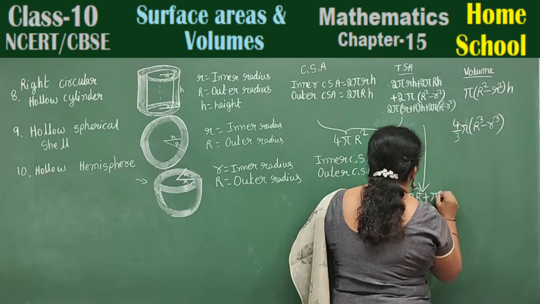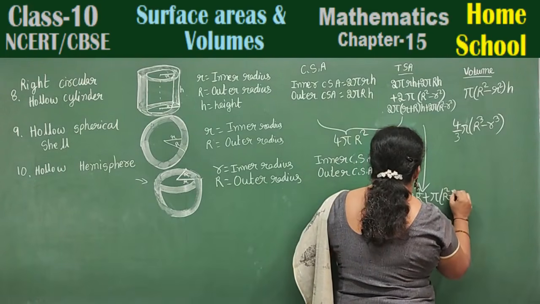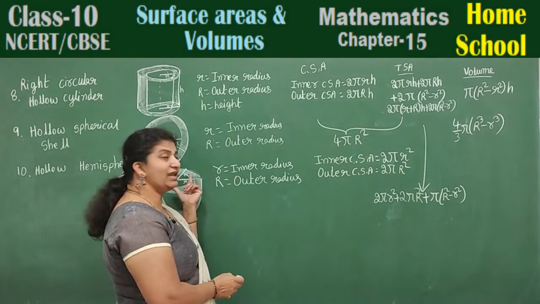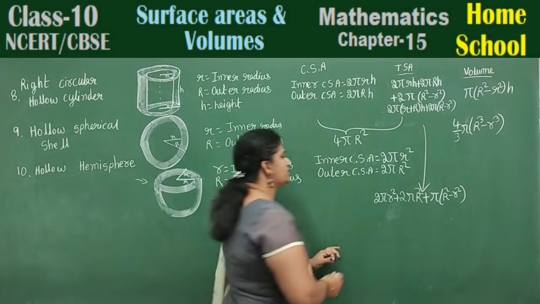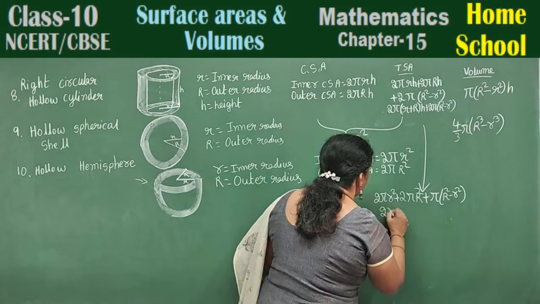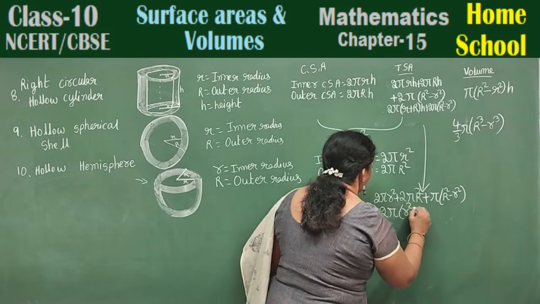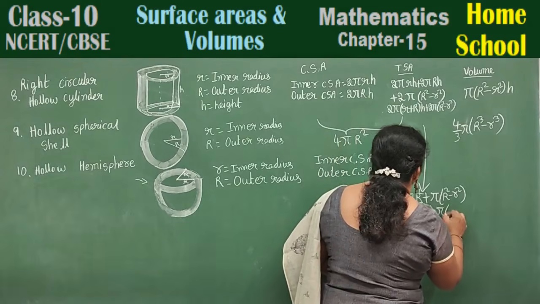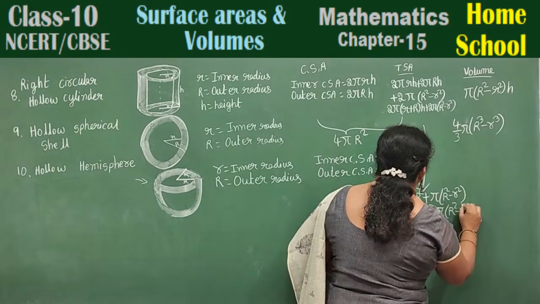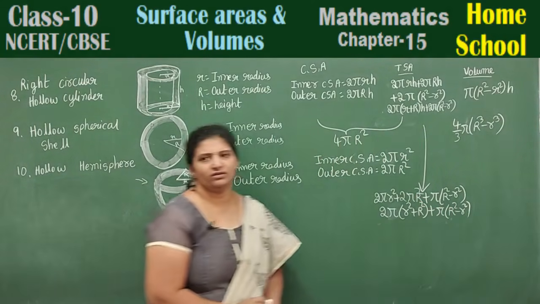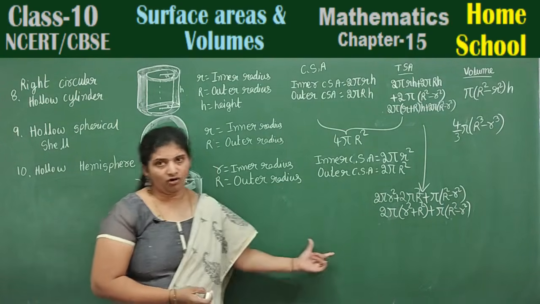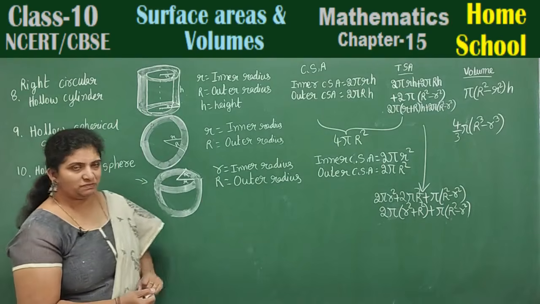That will be pi into capital R square minus small r square. Only one ring it had, right? You can also write it like this: 2 pi into small r square plus capital R square, plus pi into capital R square minus small r square. This is the total surface area of a hollow hemisphere.